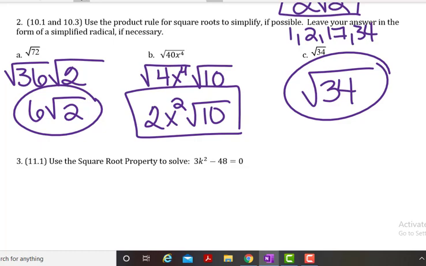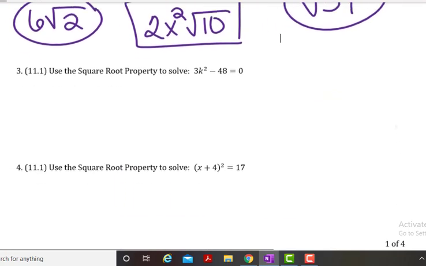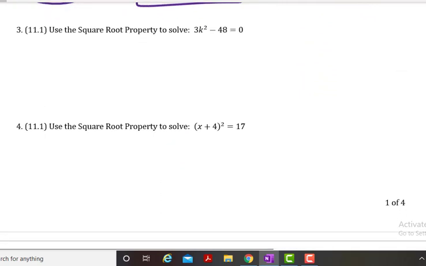Number 3, use the square root property to solve 3k squared minus 48 is equal to 0. What we need to do is to get a perfect square on one side of the equal sign and everything else on the other.